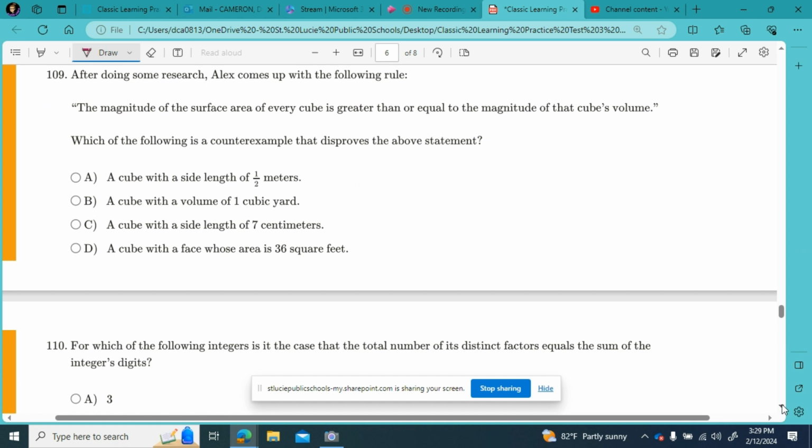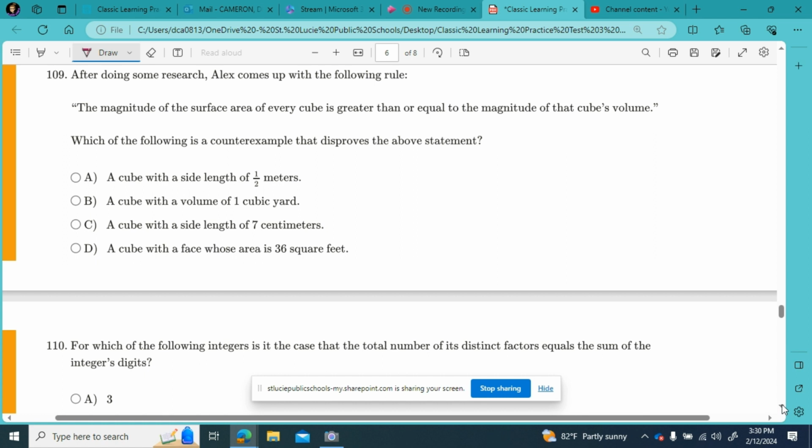Which of the following is a counterexample that disproves the statement? Okay, so we're going to look here. Magnitude of the surface area of every cube is greater than or equal to the magnitude of that cube's volume.